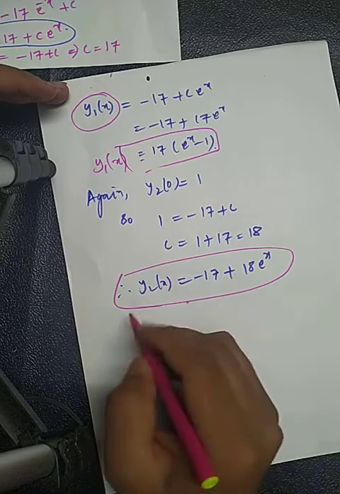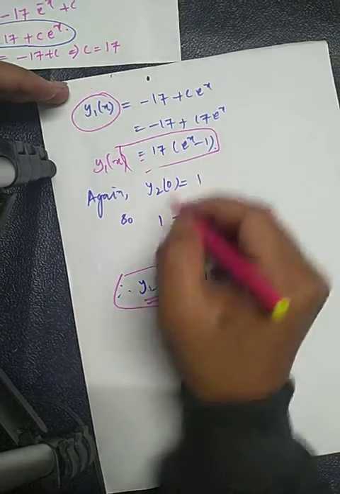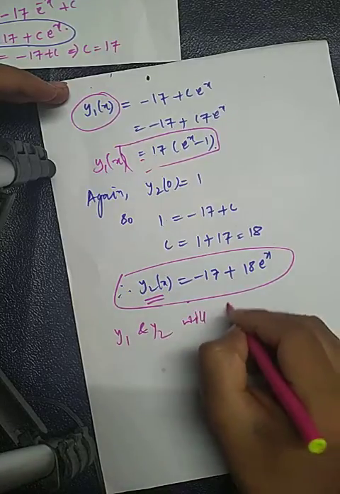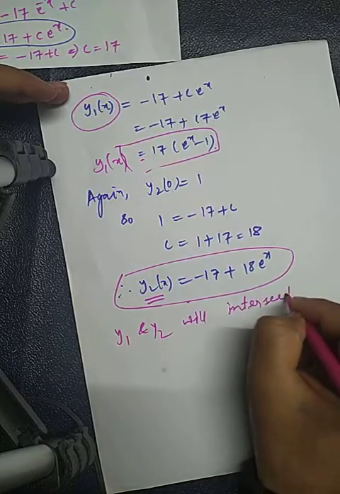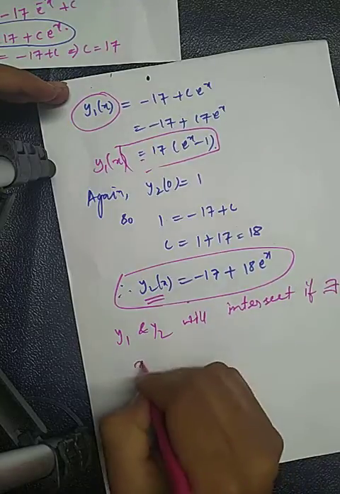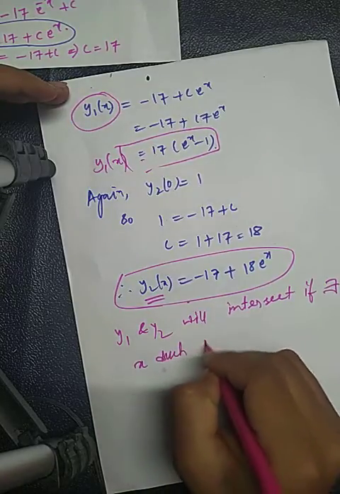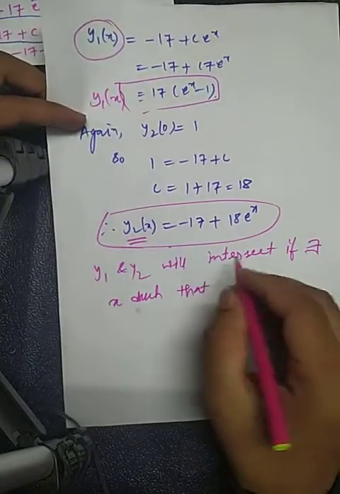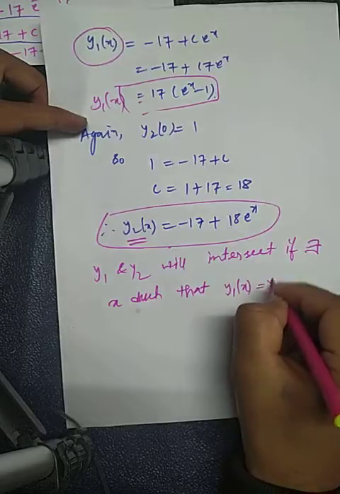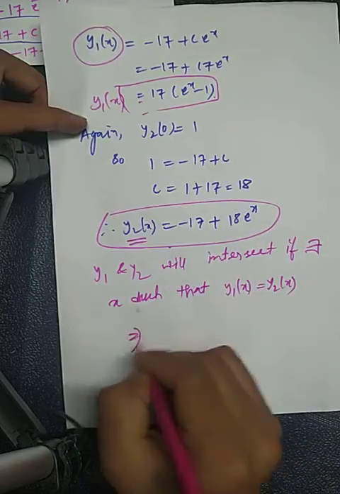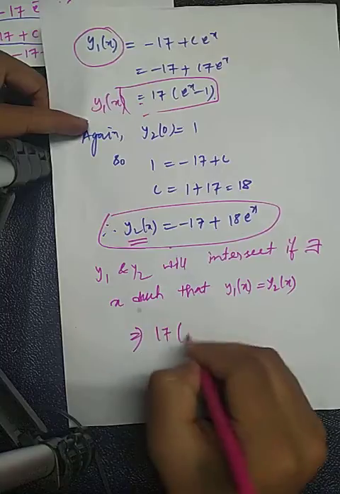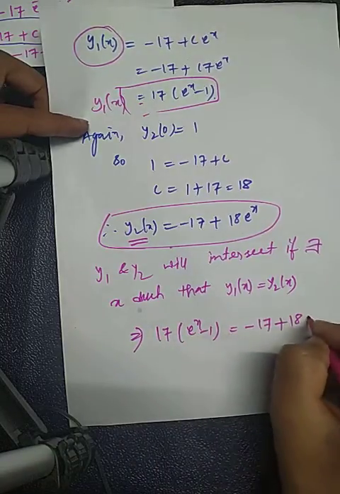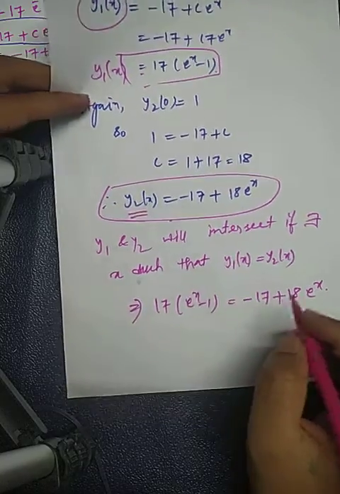They will intersect if there exists some x for which y1(x) is equal to y2(x). This must be true. So this implies 17 into (e to the power x minus 1) is equal to minus 17 plus 18 e to the power x.